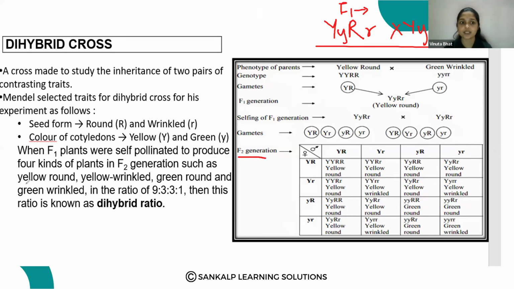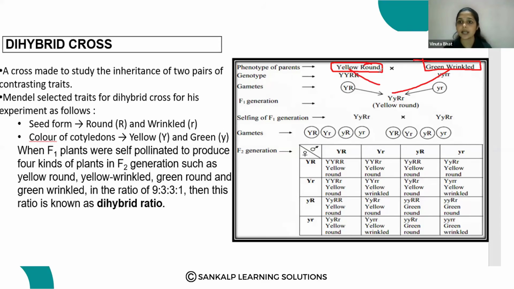So in the F2 generation, you will find not only yellow round seed producing and green wrinkled seed producing plants, you can also find yellow wrinkled seed and round green seed producing plants.